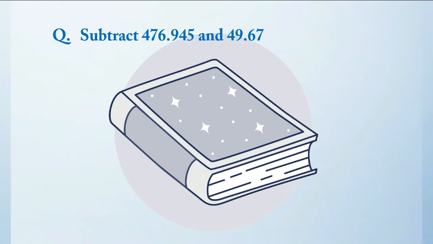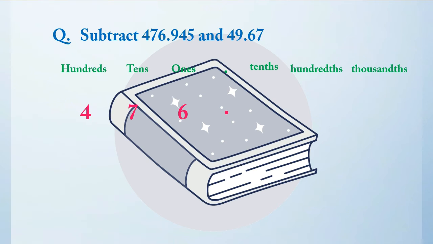Another question, question number 4. In question number 4, we have to subtract 476.945 and 49.67. We'll copy the decimal numbers below their place values, 476.945, and copy the second number below the first one, 49.67.